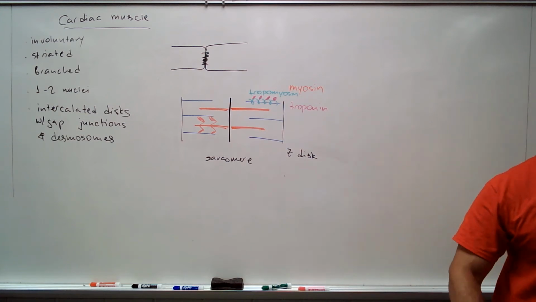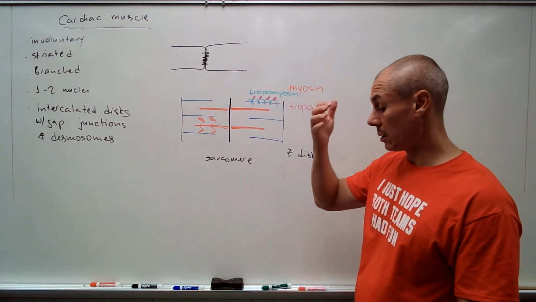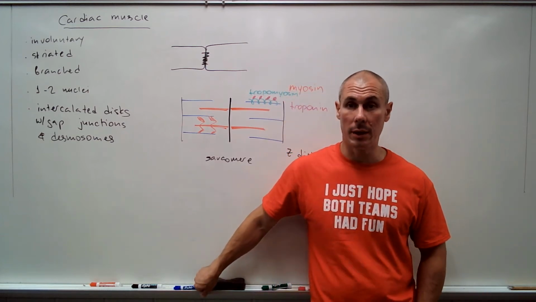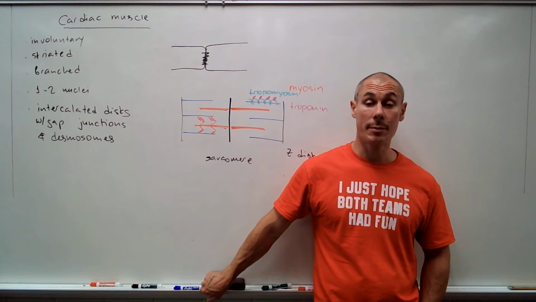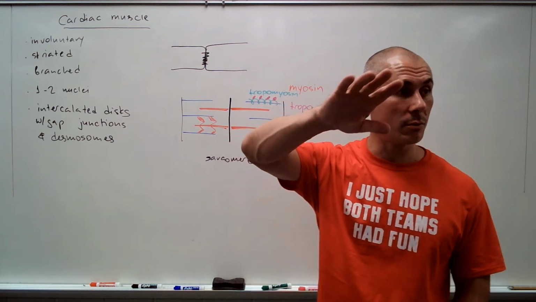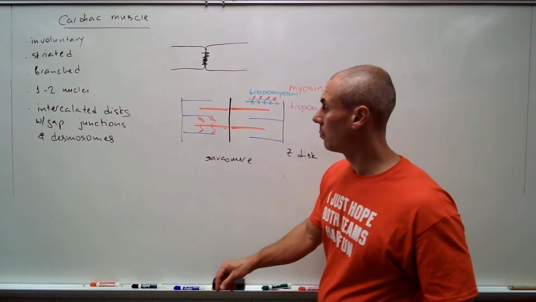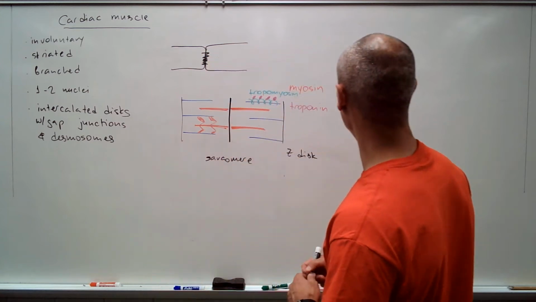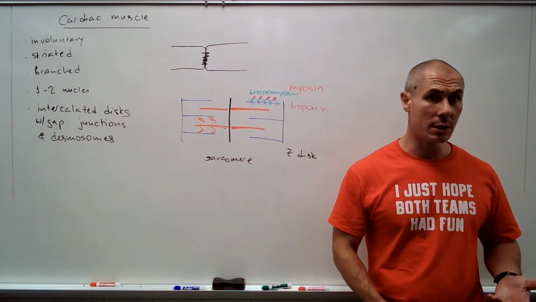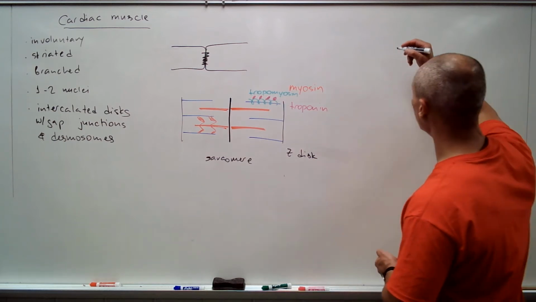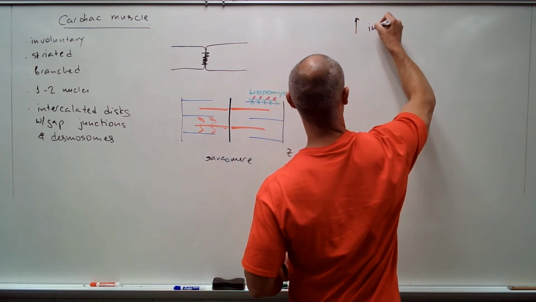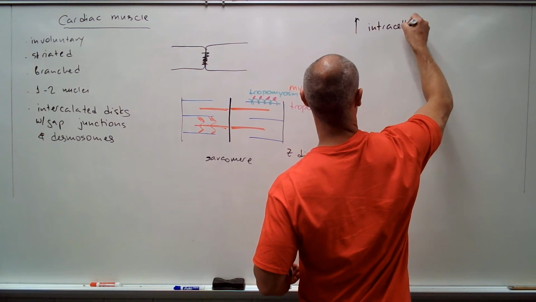So, listen. T-tubules in the skeletal muscle is much less developed. So calcium connection. So let's put the steps down. So remember what the contraction starts with, right? It starts with the increased levels of calcium. So increased intracellular calcium.